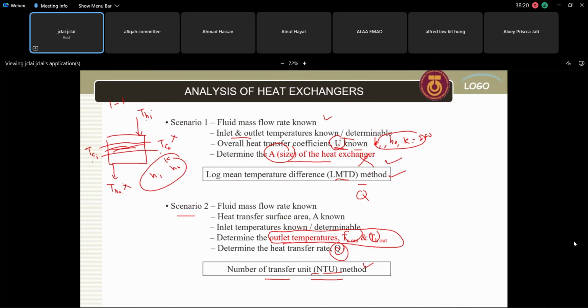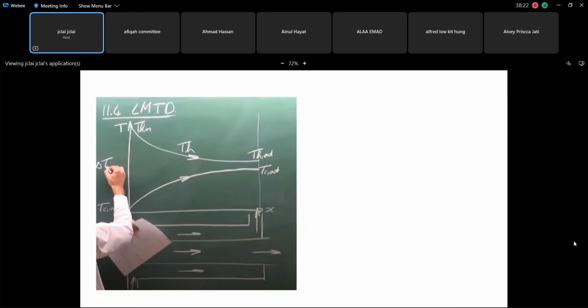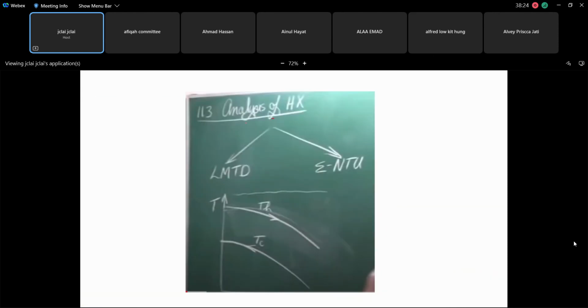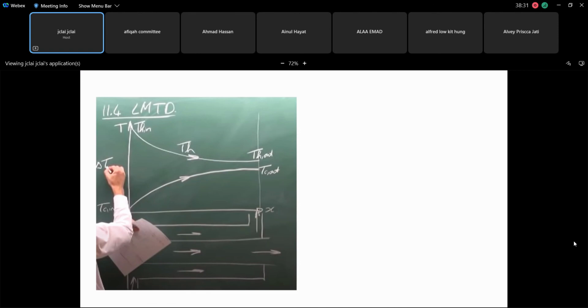Okay, so what else? I mentioned already, for analysis of heat exchangers, there are two methods, LMTD and NTU. So I want you to go through these two methods. And in order to use the LMTD method, you must know how to sketch the temperature profile.